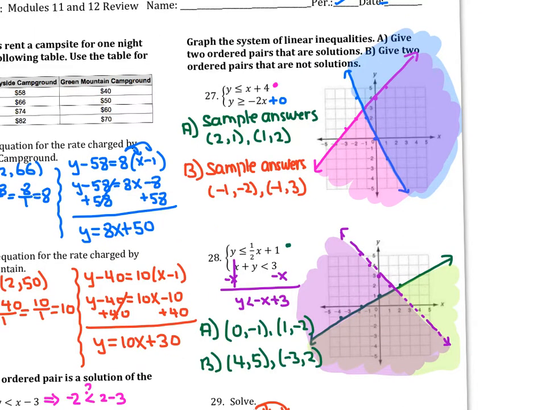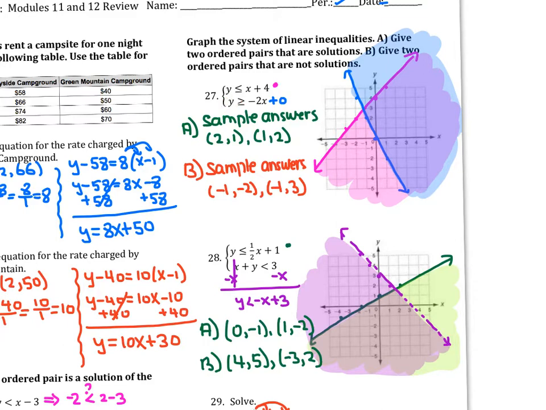Okay, on number 27 and on number 28, these are systems of linear inequalities, which means they involve shading. So this is in slope-intercept form, y equals mx plus b. Use your b, use your m to graph a second point. Graph your pink line, which is solid because it has the bar.